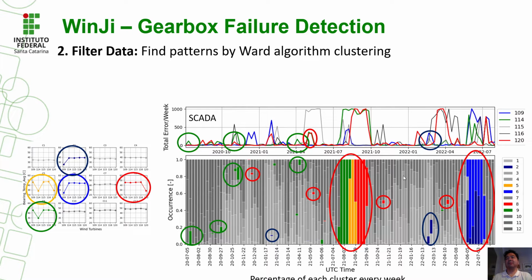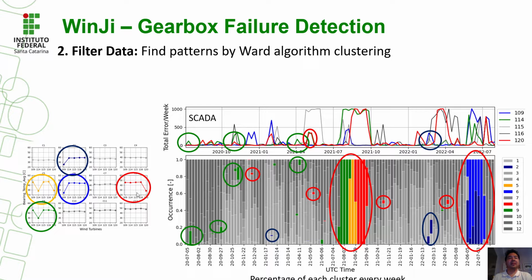What I can see here, for example, is cluster 9, the green one, which is turbine 114. We can see some events that accumulated, this kind of pattern that of course will result in some problem later.